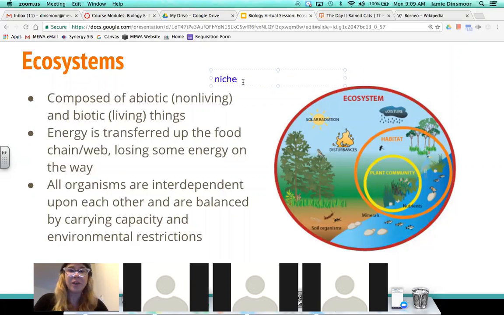It's basically just a smaller habitat of an ecosystem. In this case, the plant community that we're seeing here, as part of a habitat, would be a niche. It's a place in the ecosystem where things live.